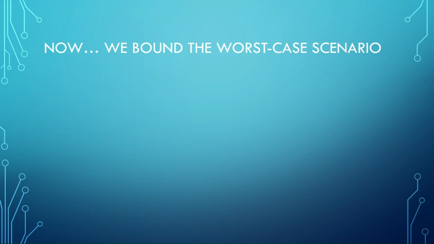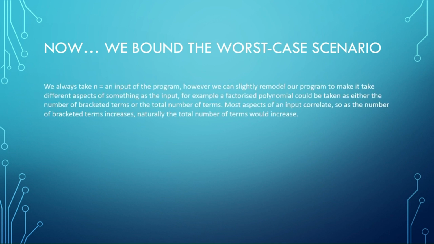So now we have a worst case scenario. We want to bound it. So we always take n as an input of the program, a variable input, I should say. However, we could slightly remodel our program, no matter what our program is, to make it take different aspects of something as the inputs. So if you were to take, for example, a factorized polynomial like before, we have x plus 1 all squared, let's say.